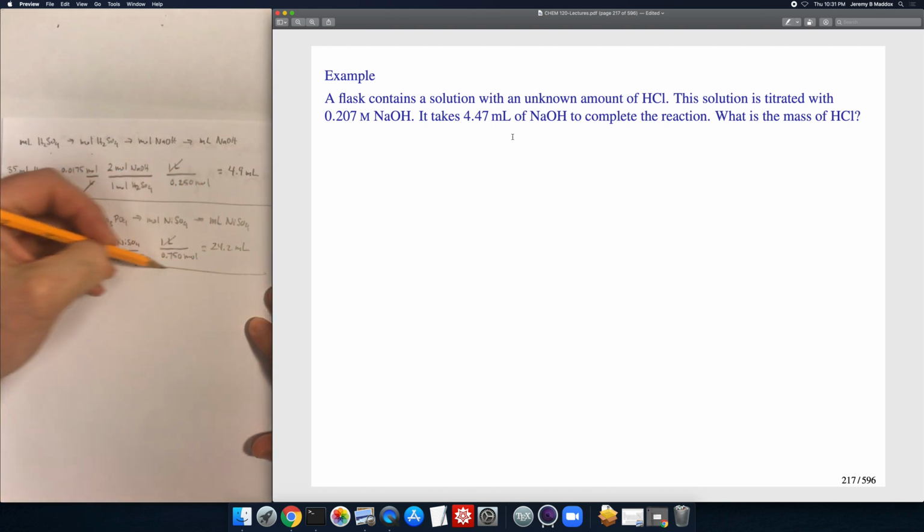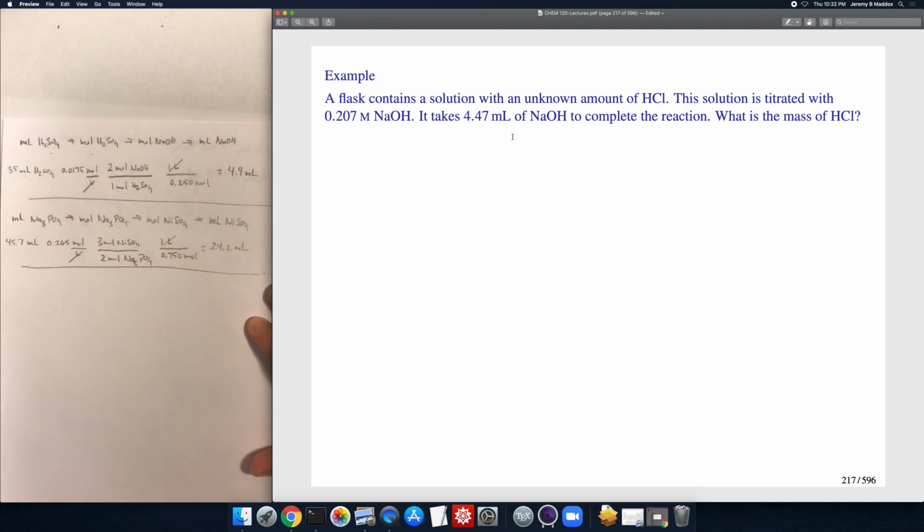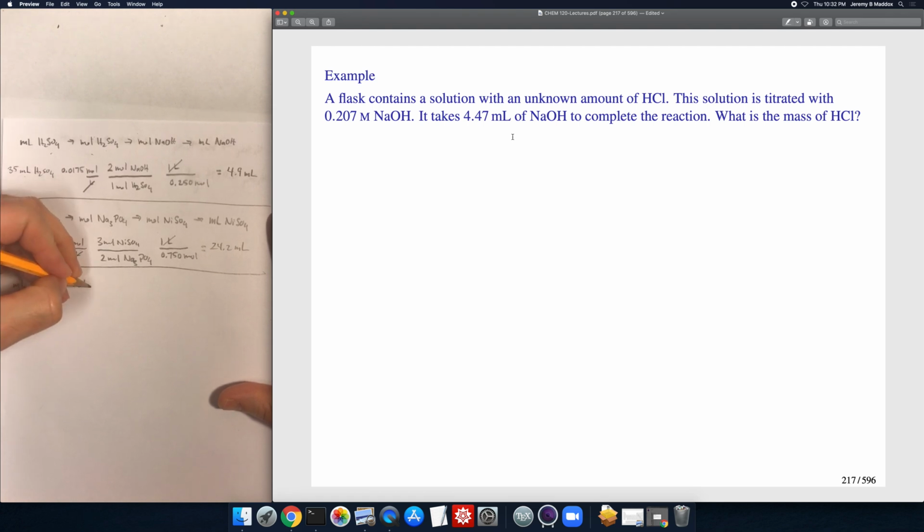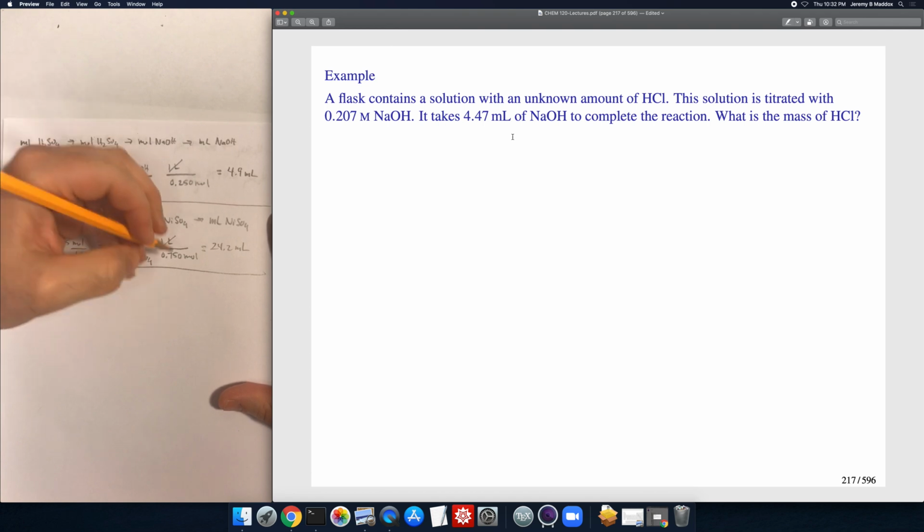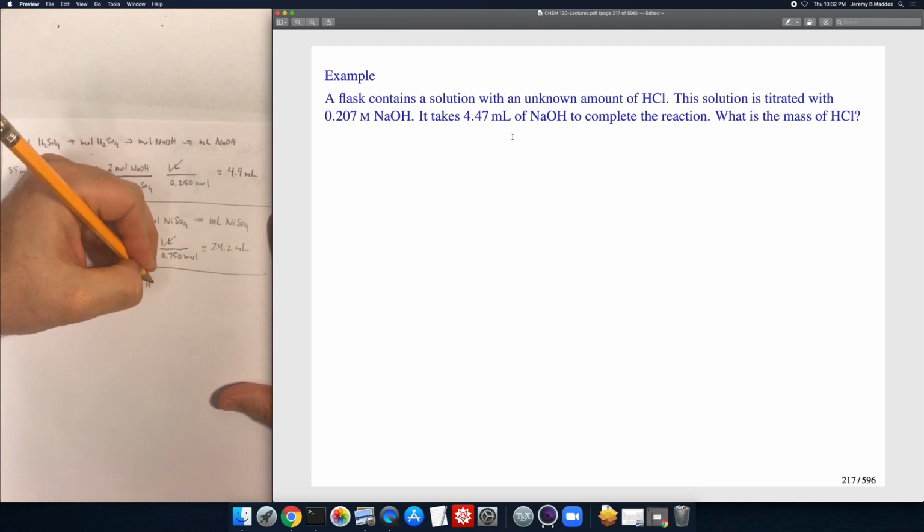And then we're being asked to find the mass of the HCl. So here is the strategy for this problem. We are going to take the milliliters of the sodium hydroxide solution. We're going to convert that to moles of sodium hydroxide. Then we're going to convert that to moles of HCl.